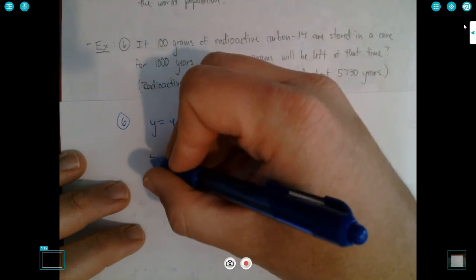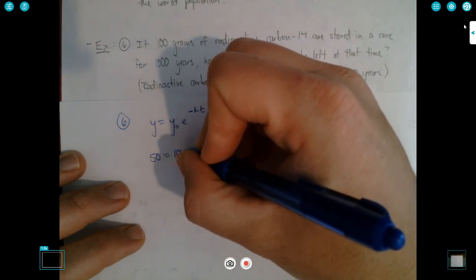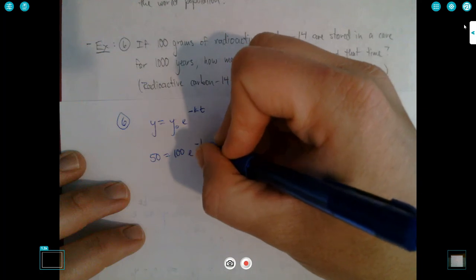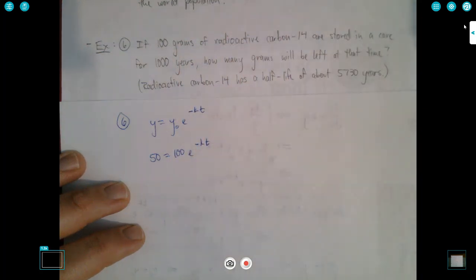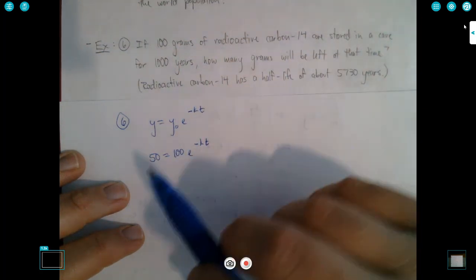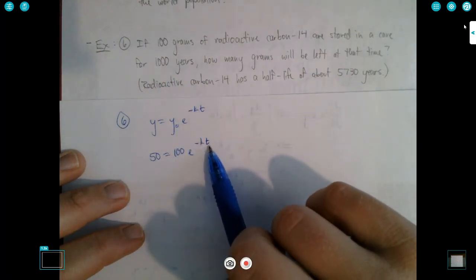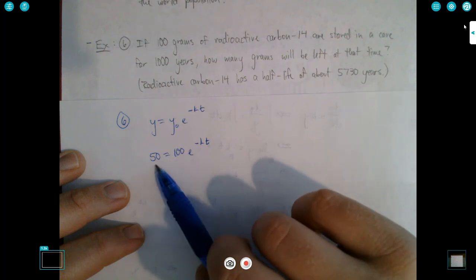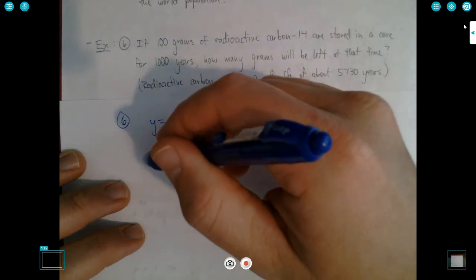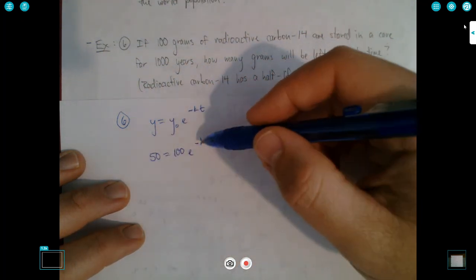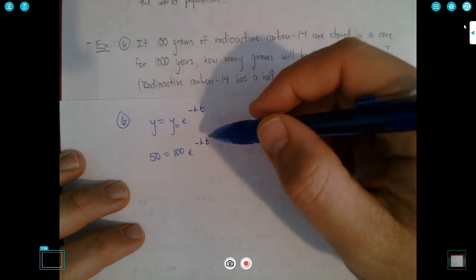Half of 100 is 50, so we can say 50 equals 100 times e to the negative kt. We know that t is 1,000. But this isn't going to work yet, because we need to solve for k first.